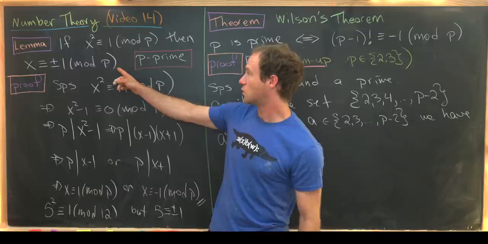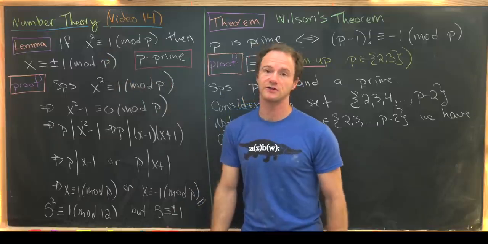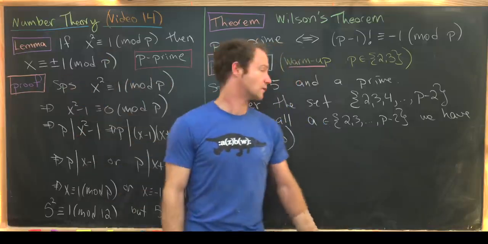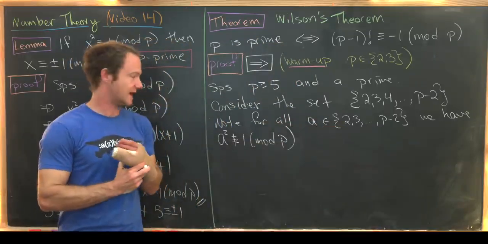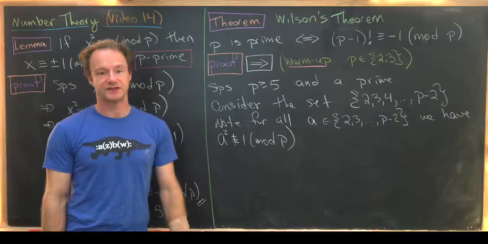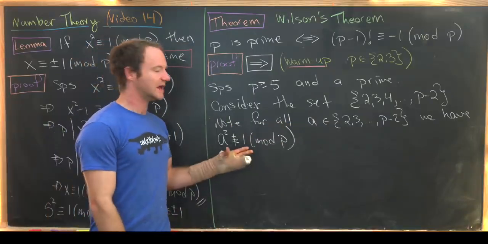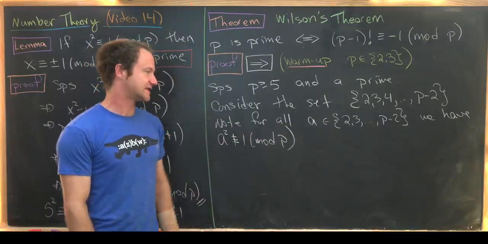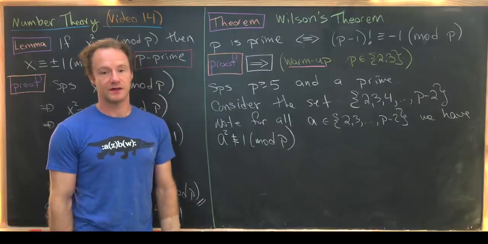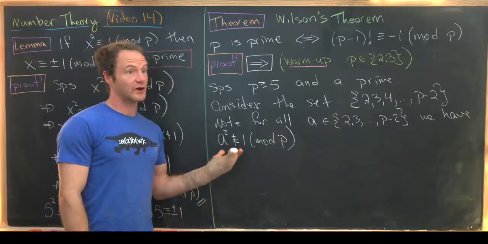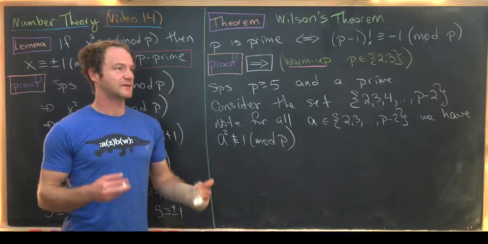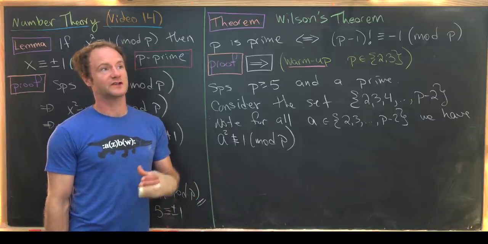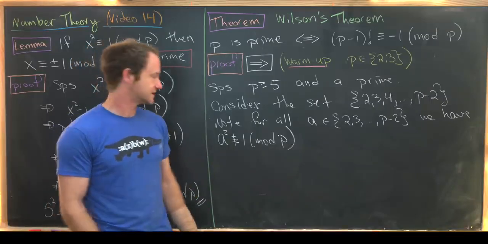Our lemma says the only solutions to x squared congruent to 1 mod p are plus and minus 1. But plus and minus 1 are excluded from this set. That tells us that none of these square to 1. In other words, these are not their own inverses mod p.